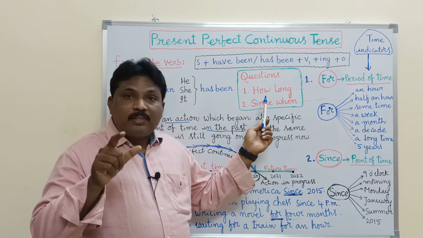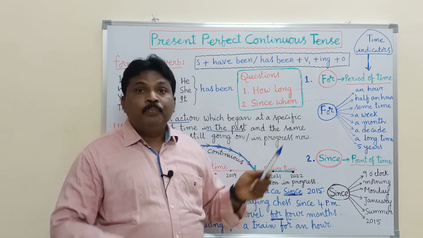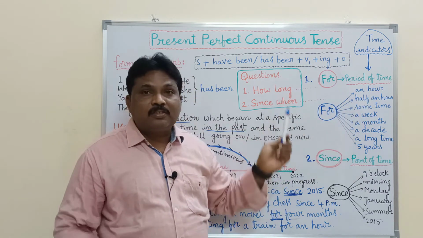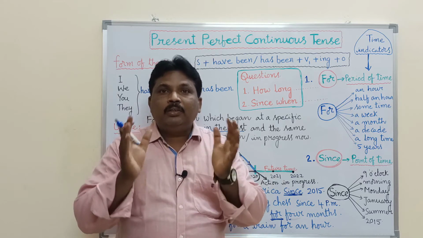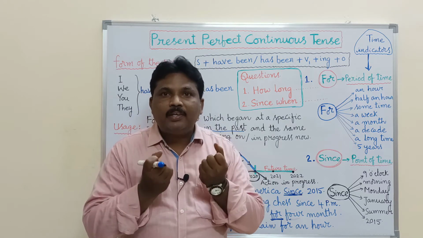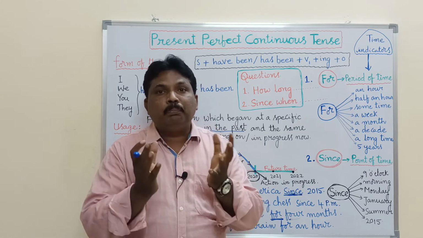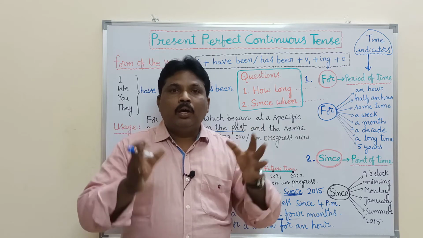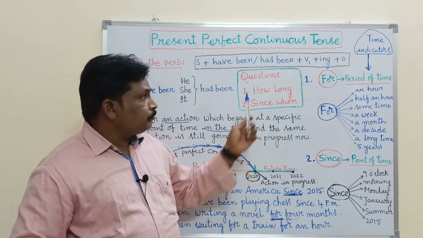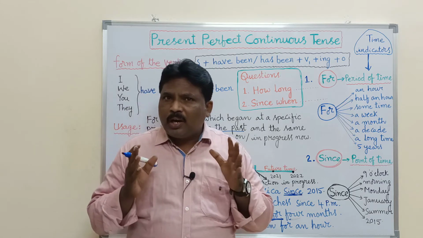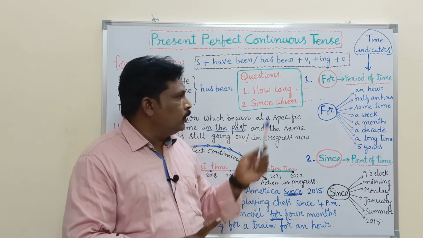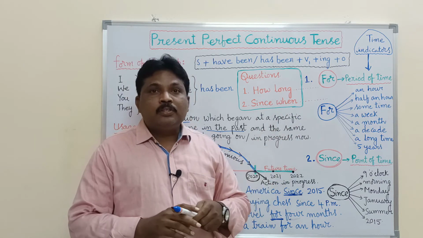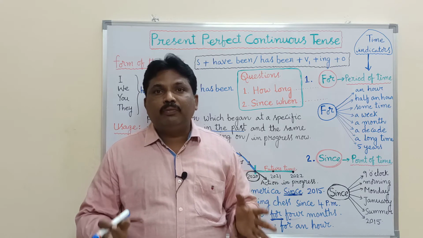When you ask a question with how long, the answer is supposed to be with a period of time, because the question is how long. That means it requires the amount of time or the period of time to be added as part of the answer given by the listener. And the second way is when you begin a question with since when. Since when have you been waiting for your train?